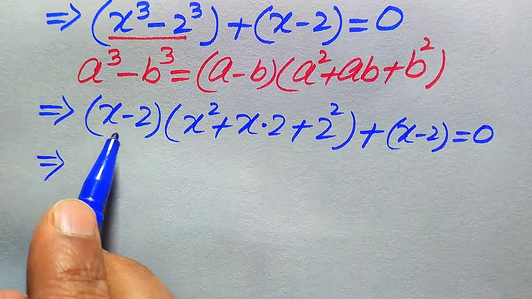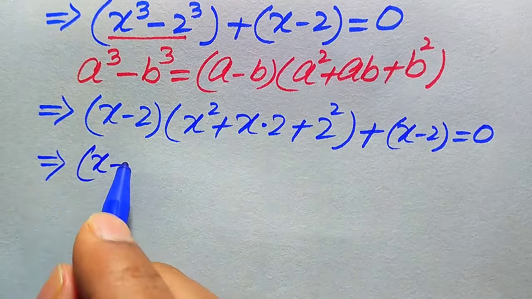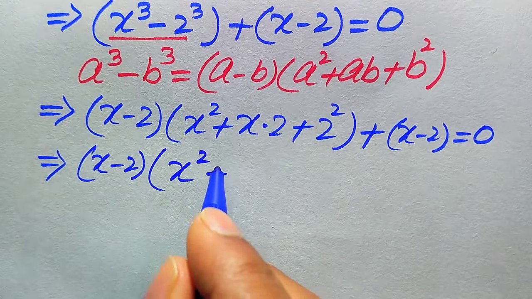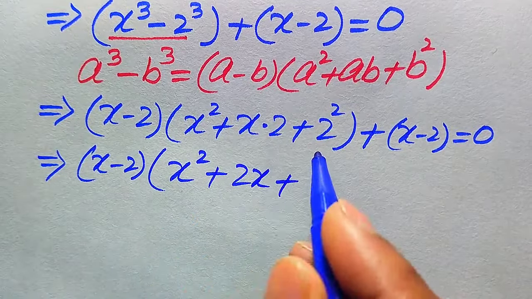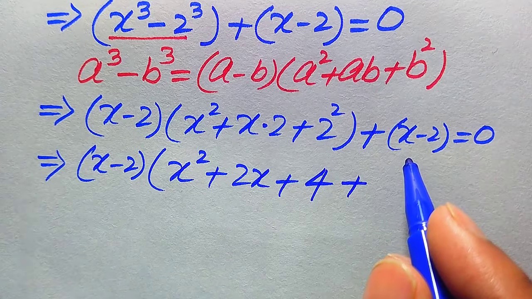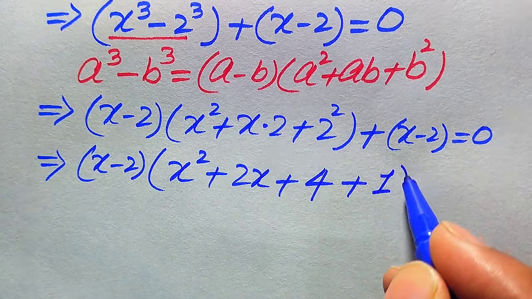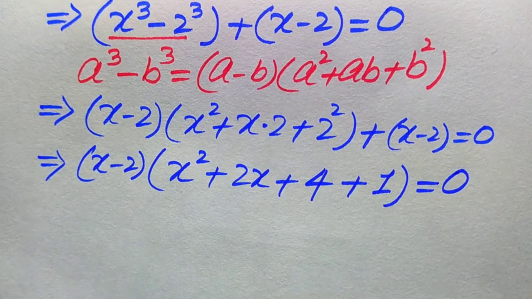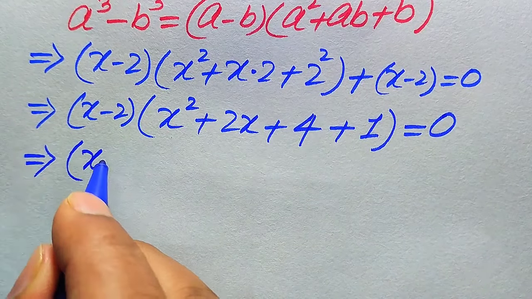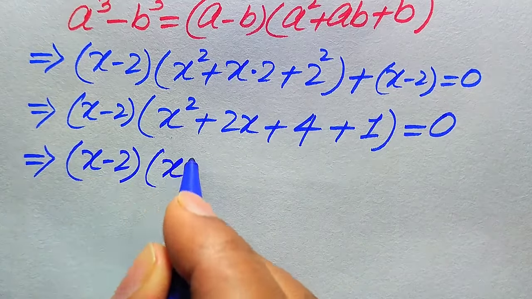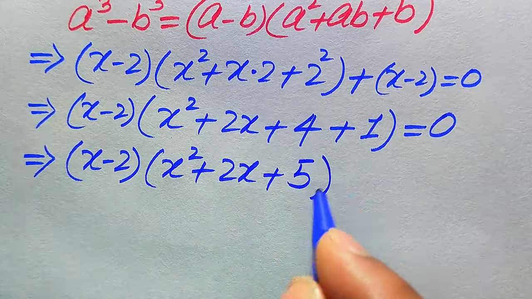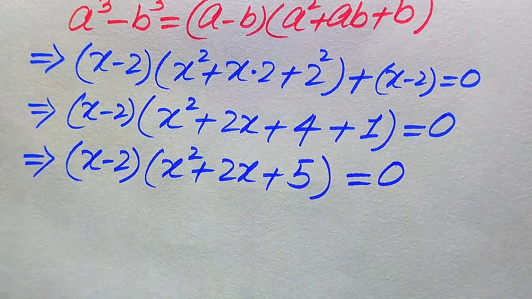Here we need to take common x minus 2, and we get the remaining values x square plus 2x plus 2 squared, and 2 squared becomes 4, and when we take common x minus 2 from the last term we get only 1. So it will be written as x minus 2 times x square plus 2x plus 4 plus 1 becomes 5, and this whole equation is equal to 0.